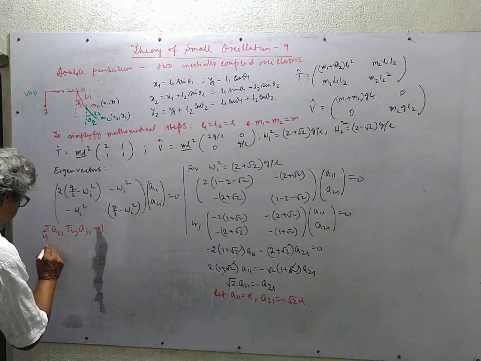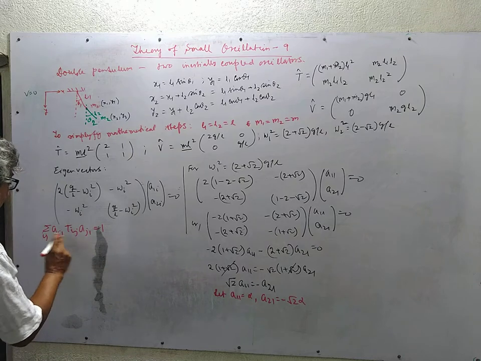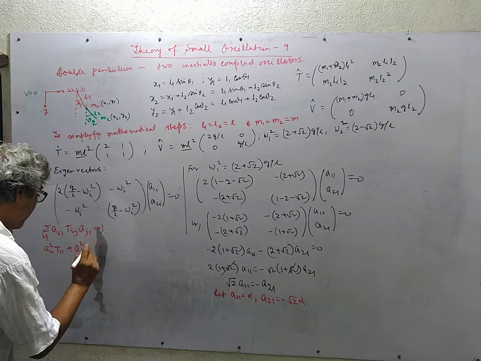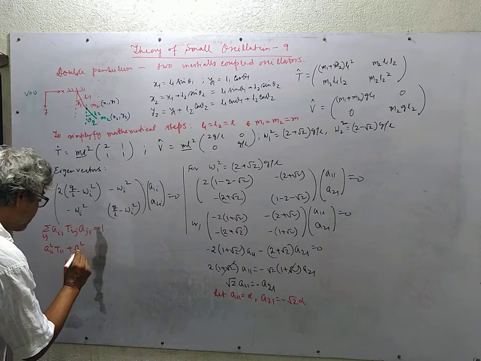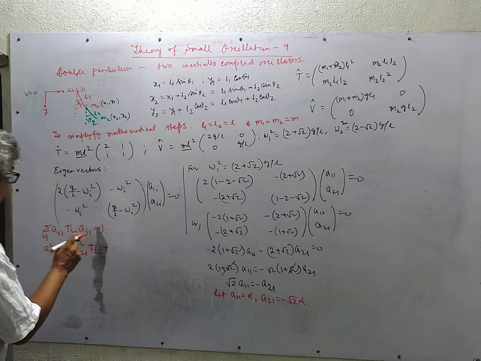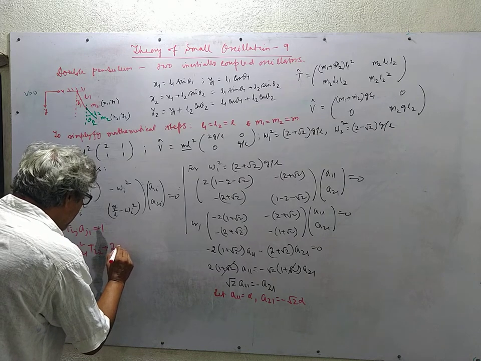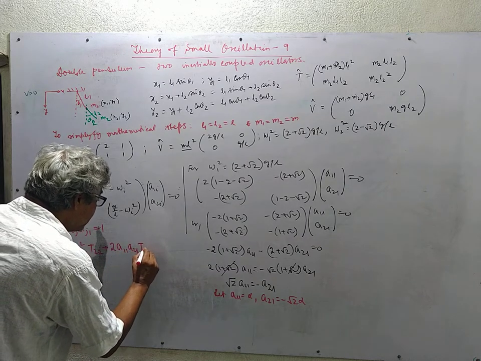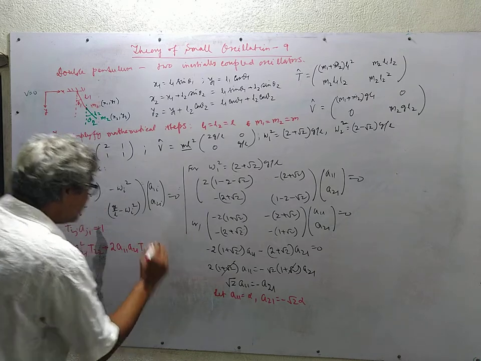So we have a11 squared T11 plus a21 squared T22 plus 2 cross terms, 2 a11 a21 T12, is equal to 1.